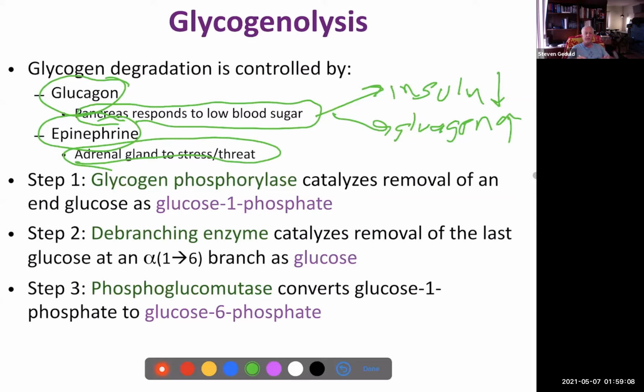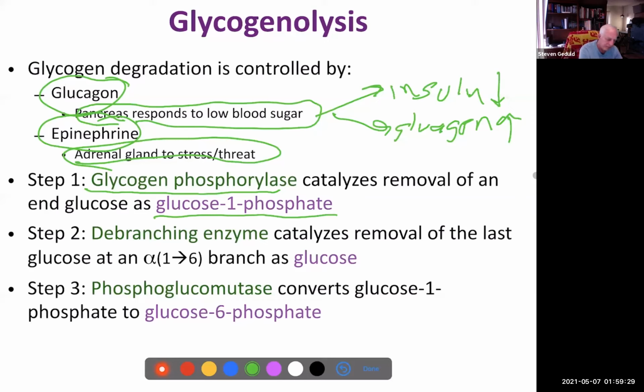Okay. So in step one, the first step, glycogen phosphorylase. Okay, this is your enzyme, glycogen phosphorylase, which catalyzes removal of an N-glucose as glucose 1-phosphate. So it goes to the glycogen chain and breaks off one of the N-glucose molecules. Okay.